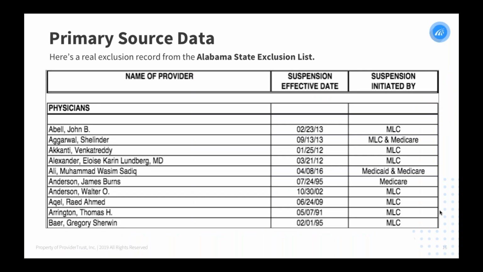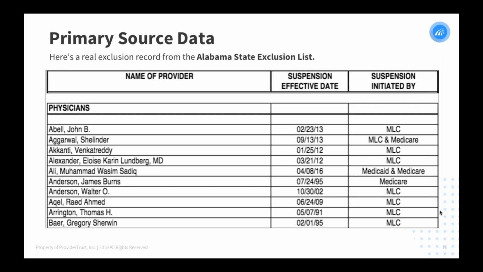So just to hammer that point home a little bit more, this right here is an actual exclusion record, an actual screenshot from the Alabama State Medicaid exclusion list. This is a great example of the limited data provided by these primary sources.